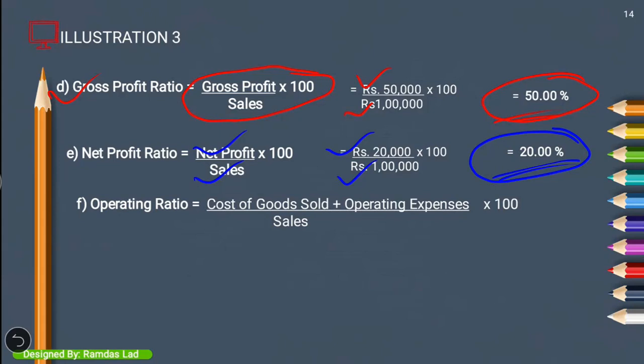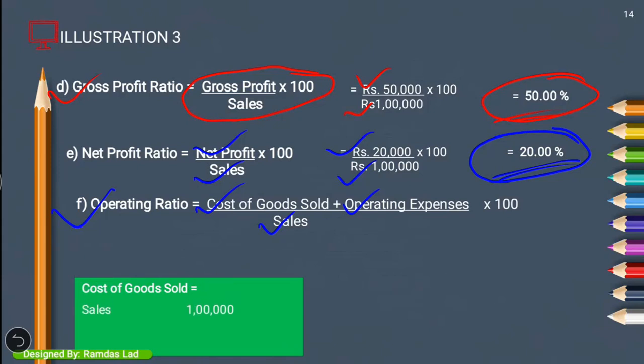Now operating ratio. Cost of goods sold plus operating expenses divided by sales into 100. Now cost of goods sold is equal to sales rupees 1 lakh minus gross profit 50,000, so cost of goods sold is 50,000.